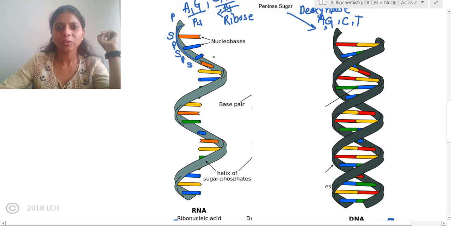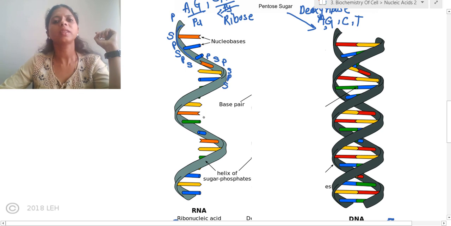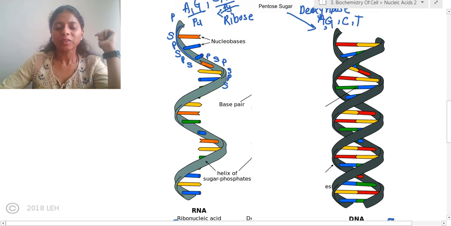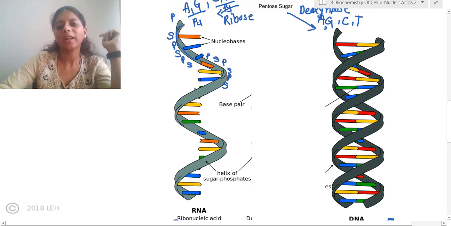Likewise this whole long chain will be formed. Okay, got it? So this grey colored structure, the whole structure, is formed by sugar and phosphate.